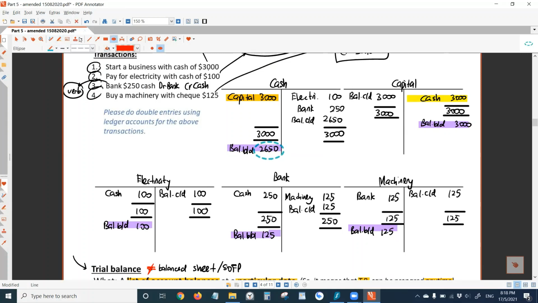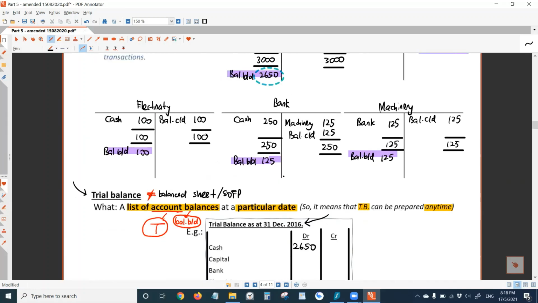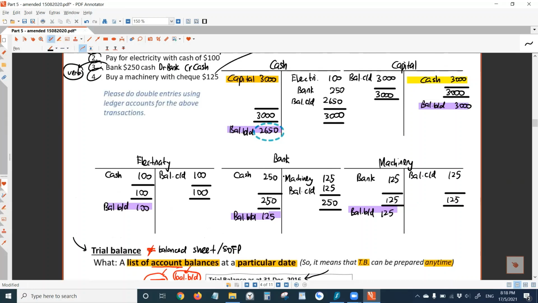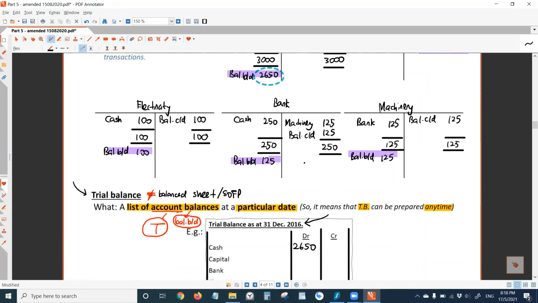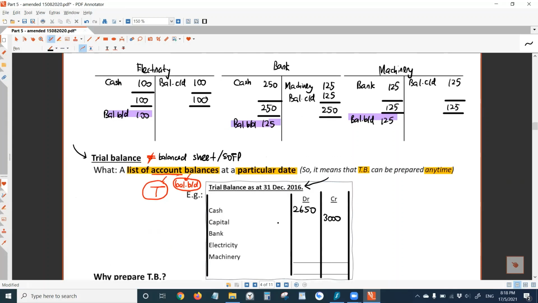That means I bring this 2650 into the trial balance here, in the debit column, because the balance BD is on the debit side. Now capital, do the same thing, put it here because the balance BD is on the credit side. Continue with the rest. The bank account 125, have it here. Machinery, electricity.